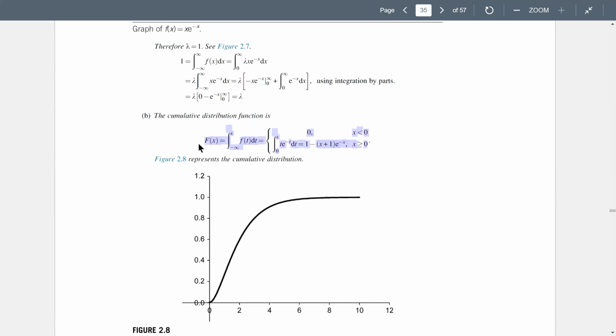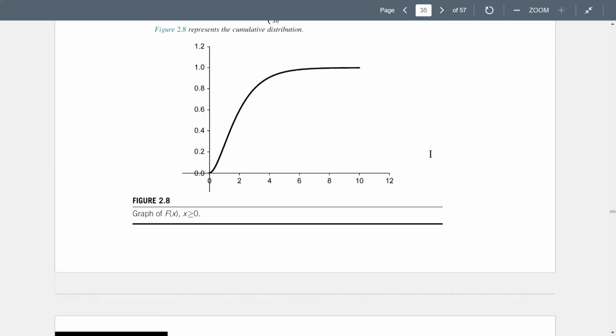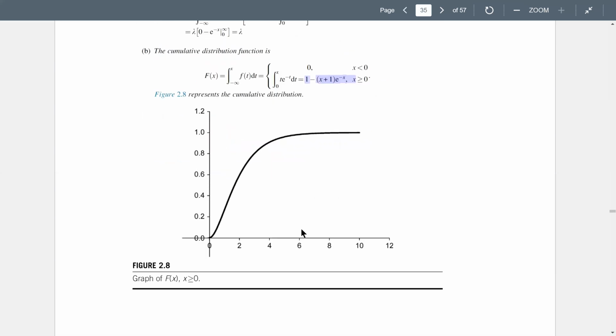Here we replace the x by t because we use dt instead of dx. You integrate by parts again, and if you plot this cumulative distribution function, it will be that.